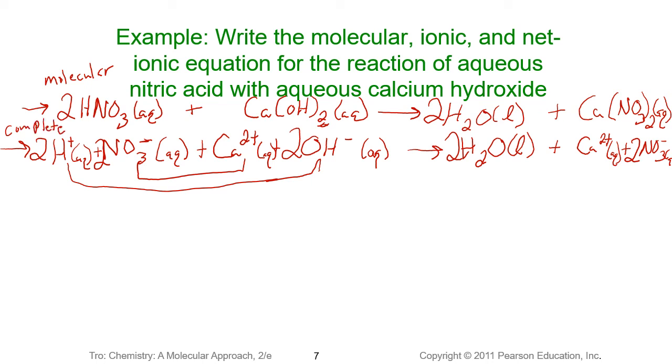Now if we want to write our net ionic equation, we need to cancel ions that are the same on both sides. So if we look, we have 2 nitrates on the left side, 2 nitrates on the right side, so we could cancel those out. We've got 1 calcium which is a 2+, 1 calcium, cancel those out. So what we're left with is almost our net ionic equation.